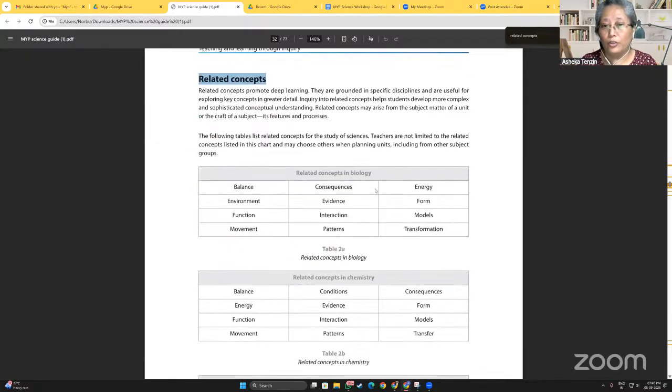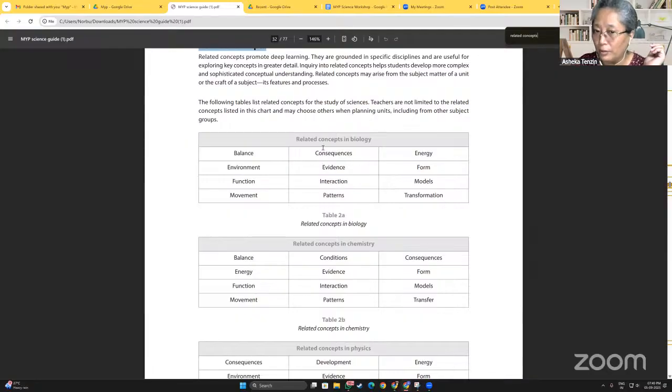If you look at the related concepts here, if you are going to do biology, all of these 12 related concepts have to be addressed in the 2 years of MYP that you are teaching, or in the 5 years of sciences that you are teaching. You cannot miss out on any of these related concepts.